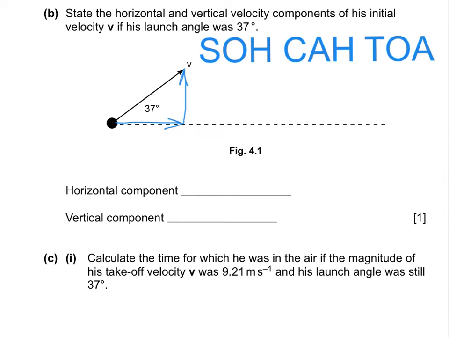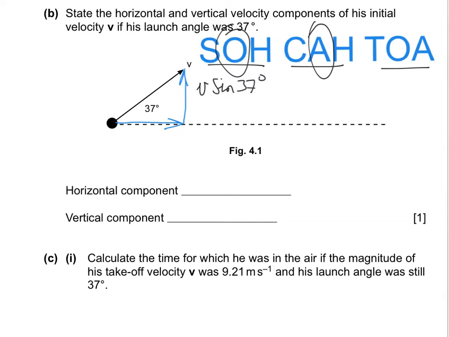So you may remember that in maths you were taught this phrase SOHCAHTOA, where sine relates to the opposite over hypotenuse, cos relates to the adjacent over hypotenuse, and tan relates to the opposite over adjacent. So the one that's going to be sine will be the one that's opposite. The one that's going to be cos will be the one that's adjacent.